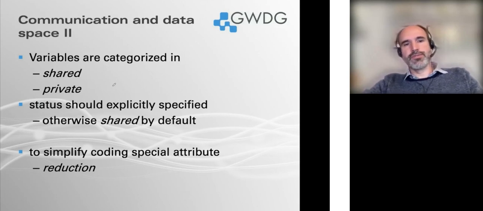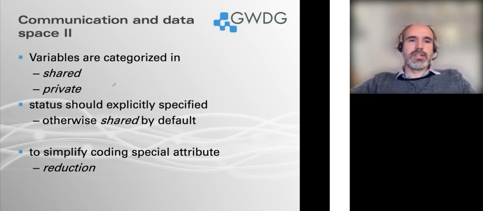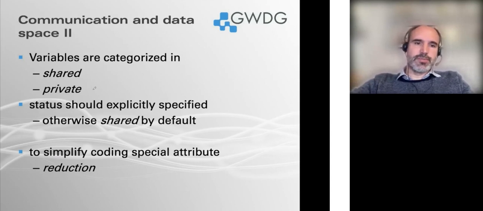As I will show you later on, when you declare a variable in a parallel region, there is basically the possibility to say it's either shared, private, or none. If you don't specify a variable in one of these clauses, which I will give you an example of later on, it will be shared by default.